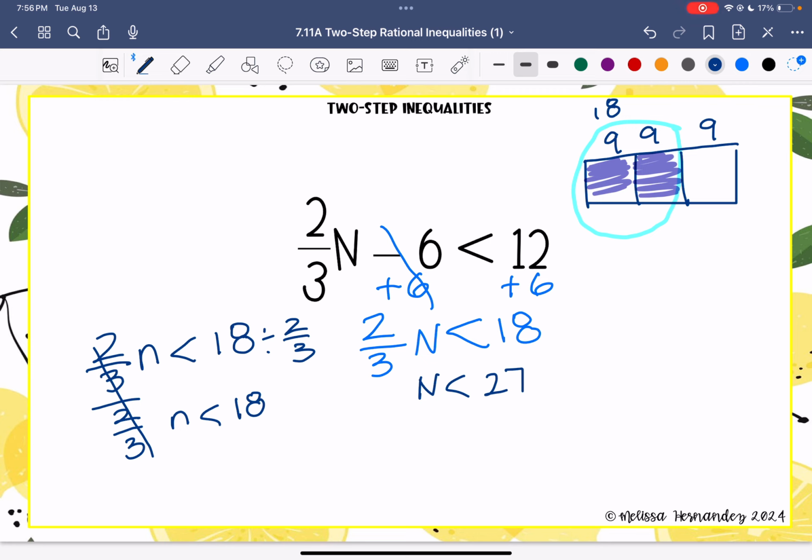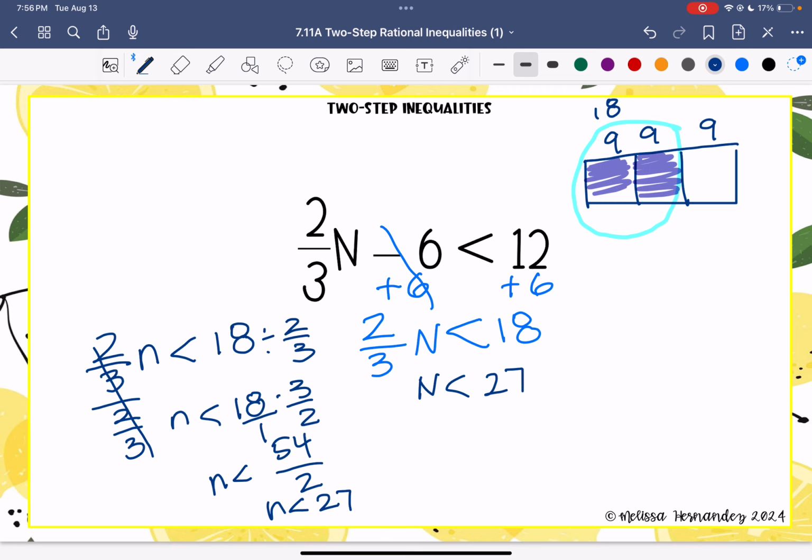The reciprocal of 2/3 is 3/2. So you end up with 54 over 2 because 18 times 3 is 54. And then we pretend there's a 1 there. 1 times 2 is 2. So half of 54 is 27.